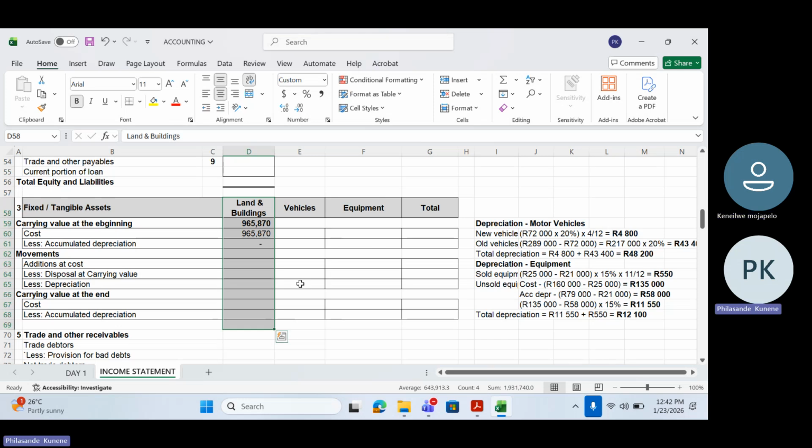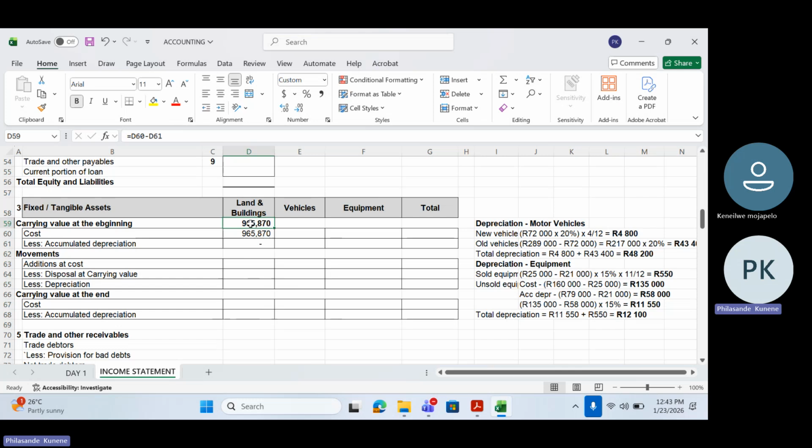So now you know the reason why we're not depreciating these ones. It's because land doesn't depreciate and buildings depreciate, and you don't know how much the building is depreciating. Exactly.